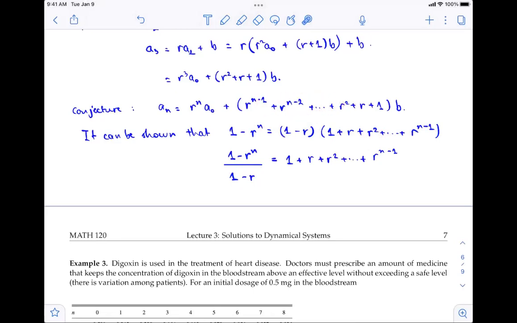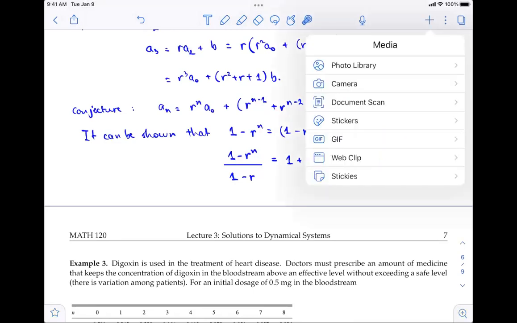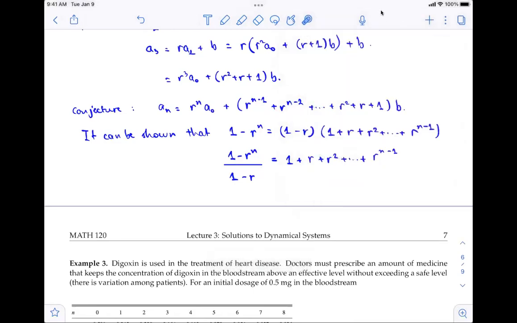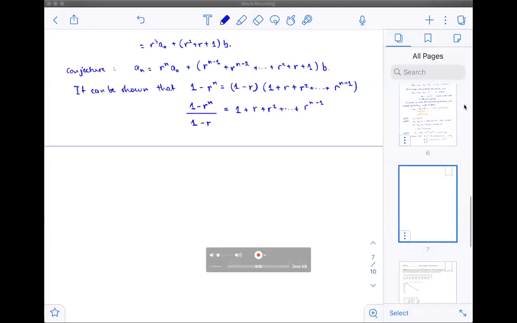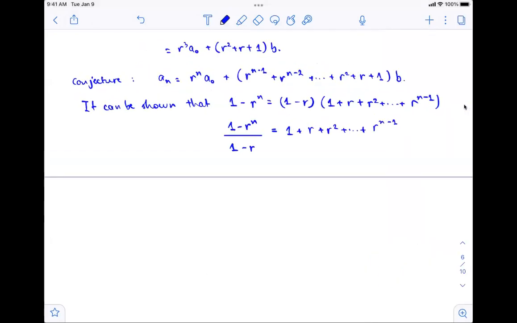Right? And we're going to substitute these fractions into our hypothesis. Okay, let me add another page here. So the formula we want to propose now becomes that a sub n is equal to r raised to the power n times a0 plus 1 minus r raised to the power n divided by 1 minus r times the value of b.